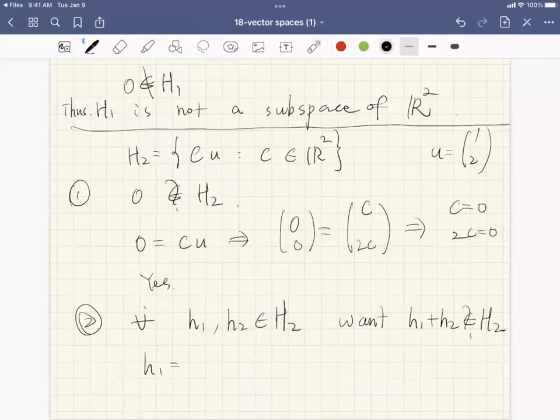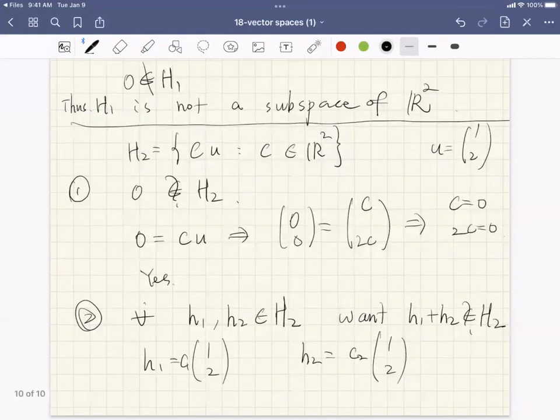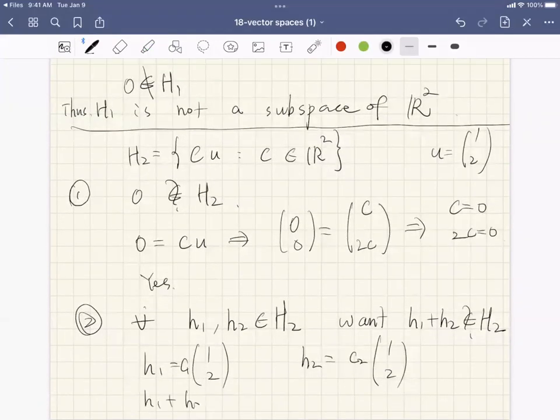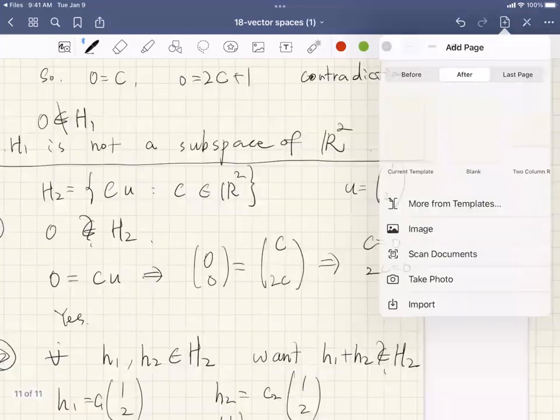This is what I want. So we can write H1 as C1 U and H2 as C2 U. Then H1 plus H2 is going to be (C1 plus C2) U. So this is still in H2. So it passed the second test, closure under addition.